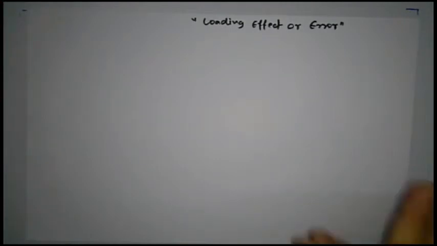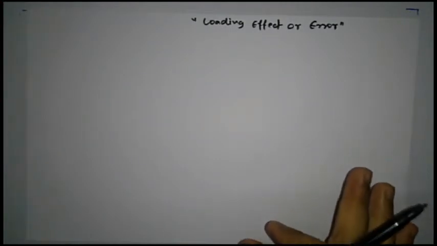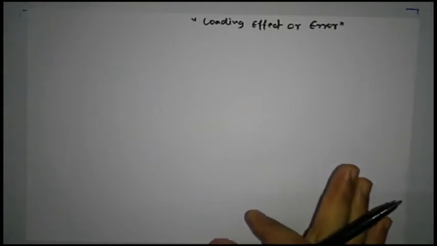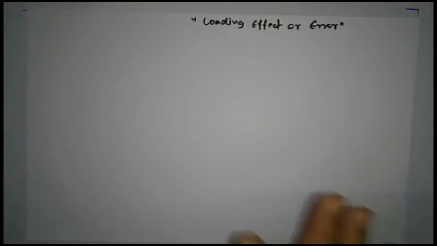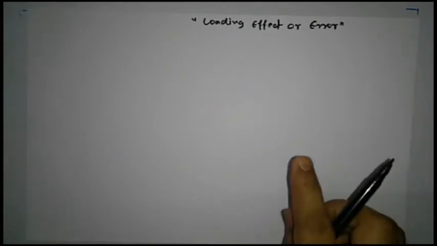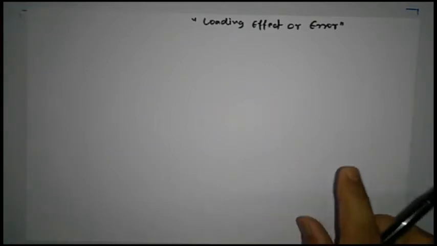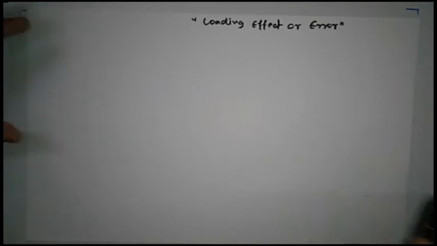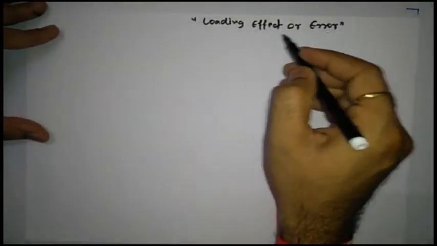It is defined as the error which is produced by a measurement instrument corresponding to its internal resistance value, or whatever error is introduced by the internal resistance of a given instrument at the time of measurement process, that error is defined as loading error or loading effect.